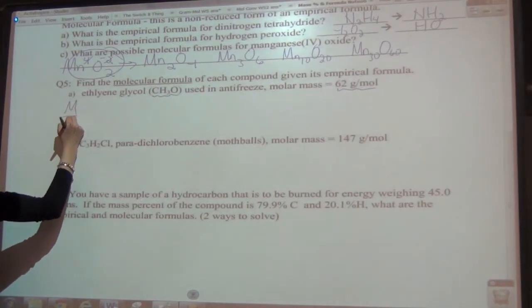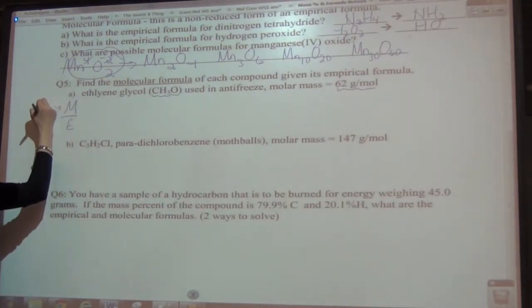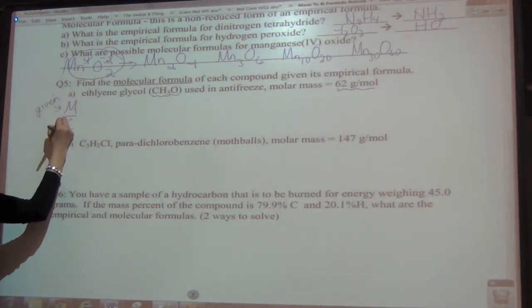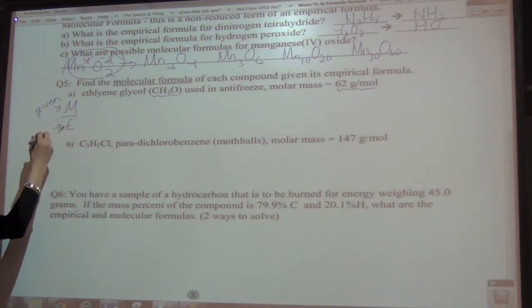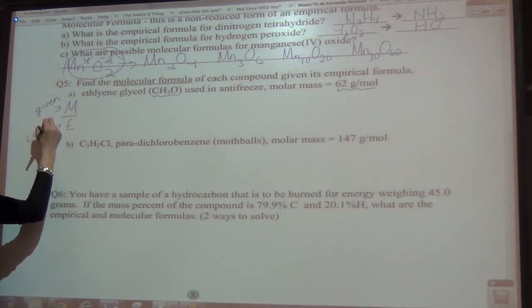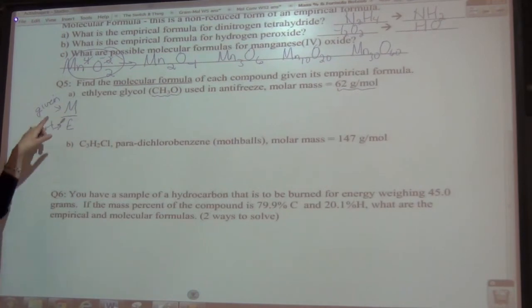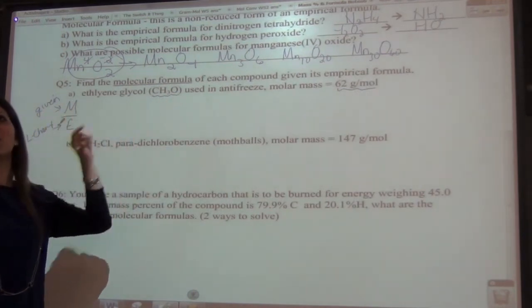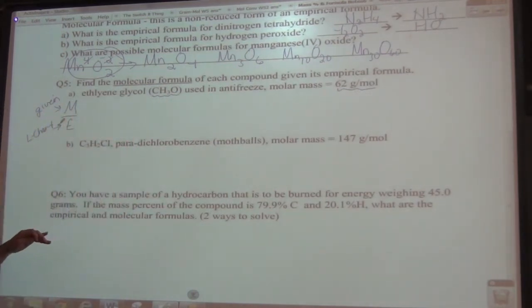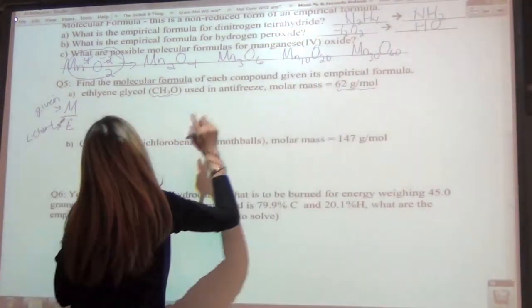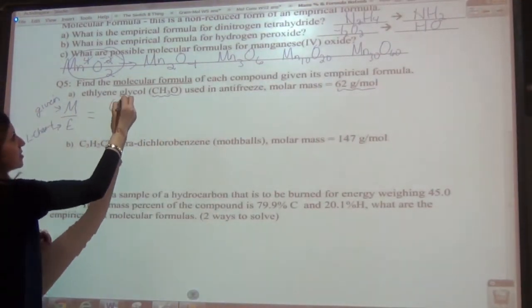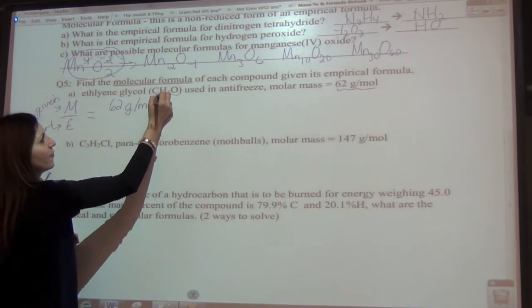So it's N over E. This top number is going to be what you're given, and this bottom number for your empirical formula, you are going to do an L chart for your empirical formula. So what molar mass are you given in the problem? 62. Right there, it says that the molecular is 62 grams per mole.